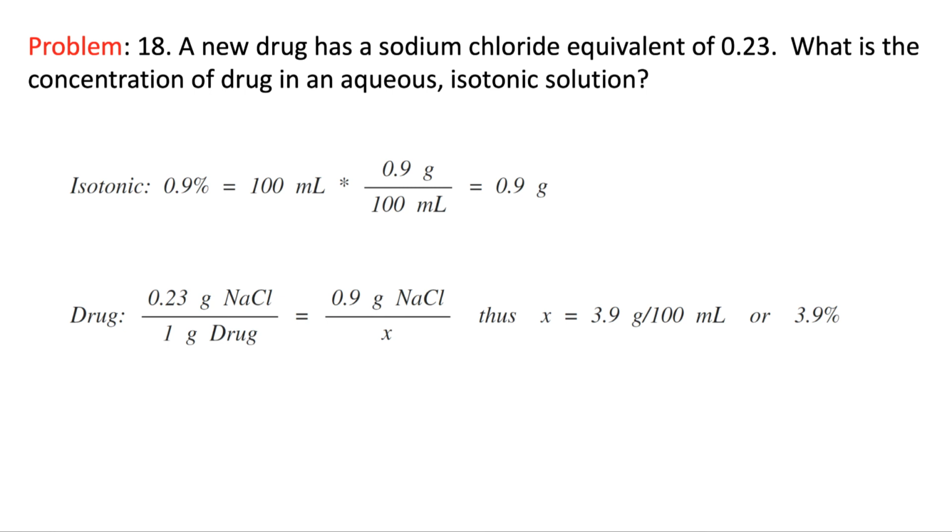Therefore, if we put 3.9 grams of our drug in 100 milliliters and dissolved it, essentially we would have a 3.9% concentration of our drug, and we know that concentration would be isotonic. And that answers this question.